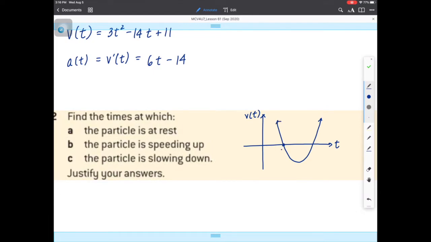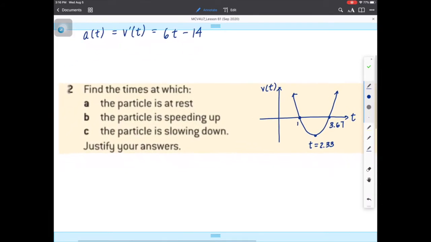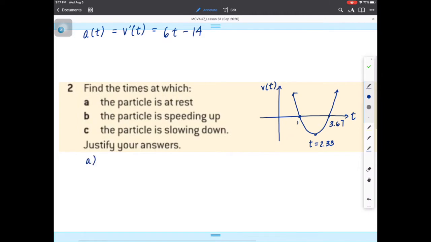The first zero occurs at 1, the second zero occurs at 3.67, and the vertex is at around 2.33 seconds, halfway between the 2 zeros. We notice that v of t is equal to 0 when the particle is at rest, which occurs at t equals 1 second and 3.67 seconds.